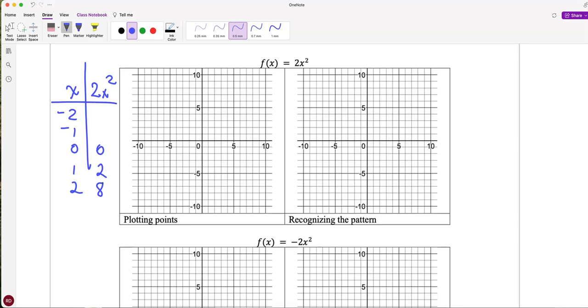Plug in a negative 1, you're going to get 1 times 2. Plug in a negative 2, you're going to get 2 times 4, which is also 8. So 0, 0, 1, 2, 2, 8, and then negative 1, 2, negative 2, 8.